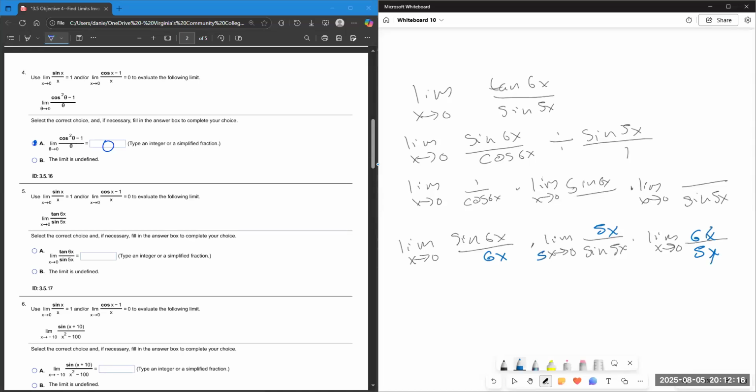This will be 5 and this will be 6. This will be a 1 times 1 because of the special limits. And so this will be times 6/5. My answer will be 6/5.